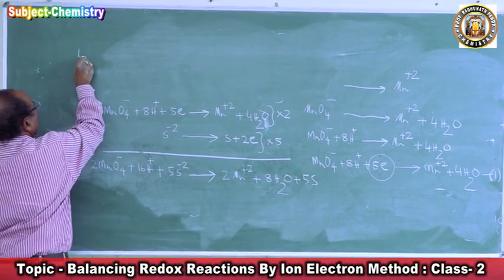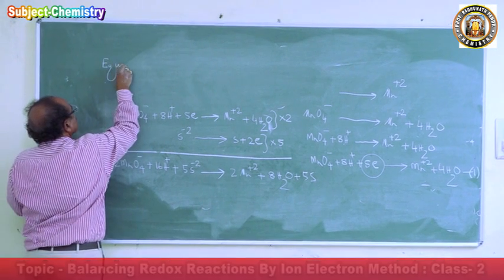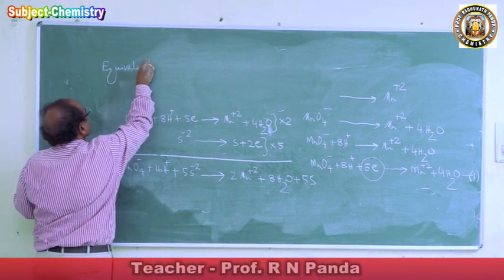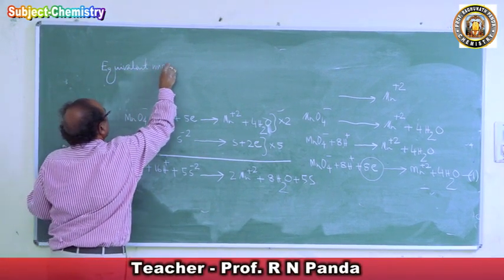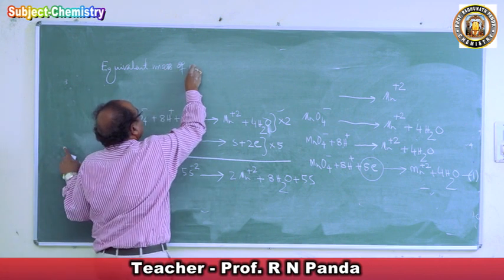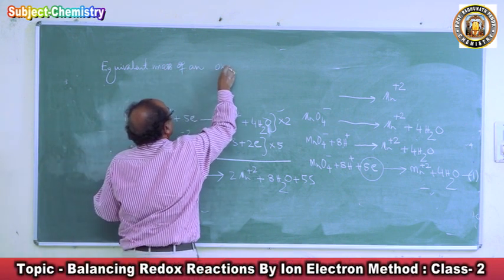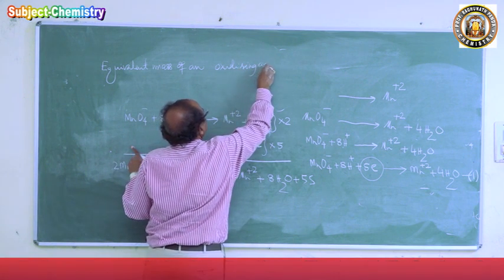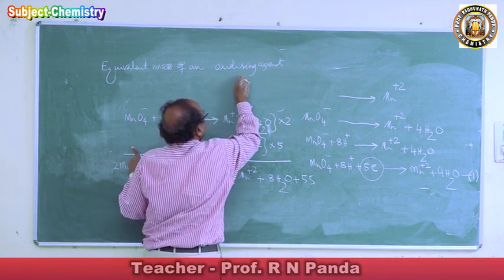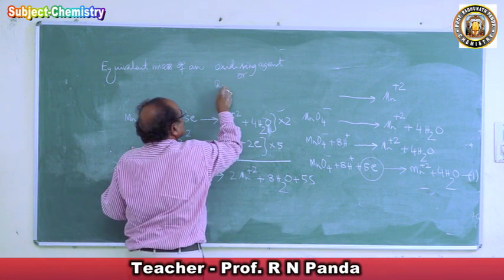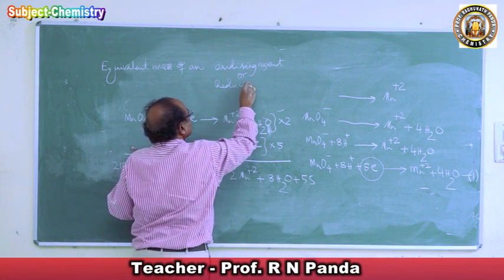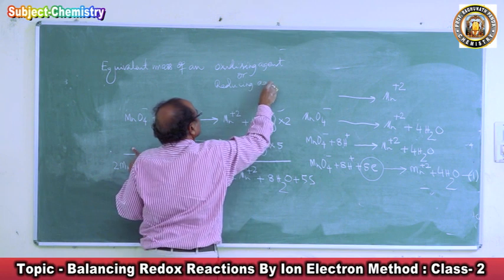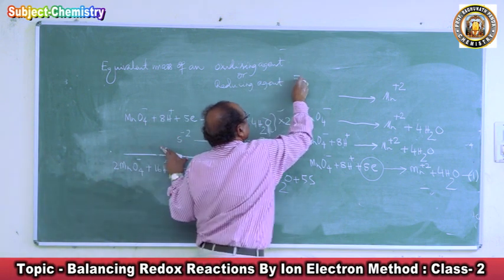So the equivalent mass of an oxidizing agent or reducing agent is equal to what?